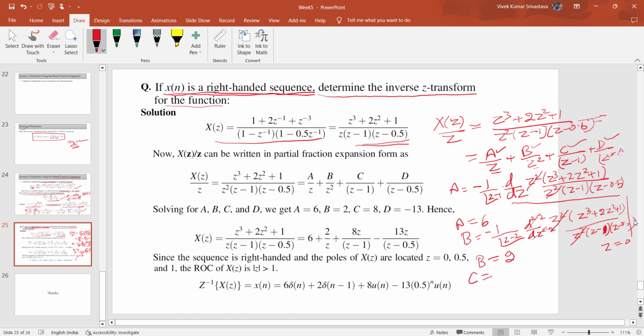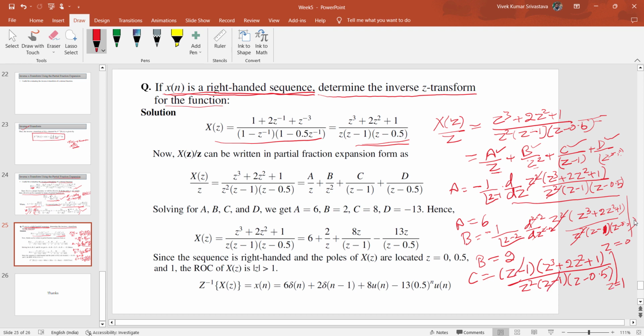Similarly you can evaluate the coefficient c. For that what we have to do is multiply with the corresponding pole factor, that is z minus 1, with this expression, z cube plus 2z square plus 1 over z square into z minus 1 into z minus 0.5, and replace z as 1.